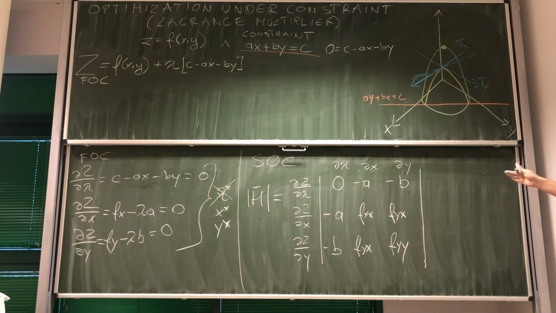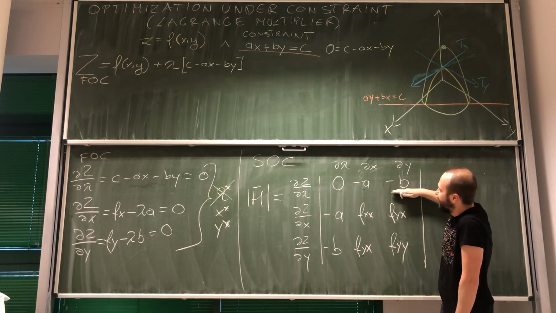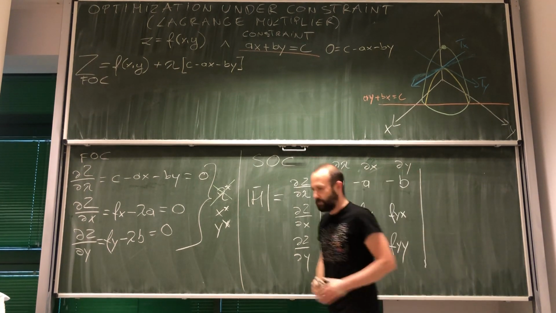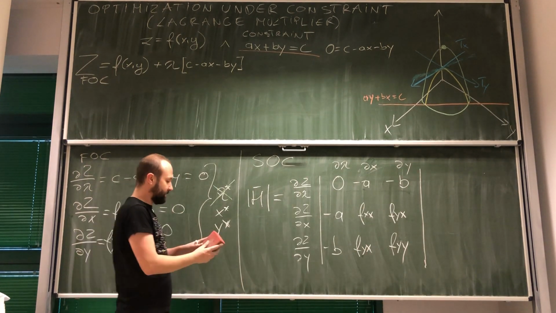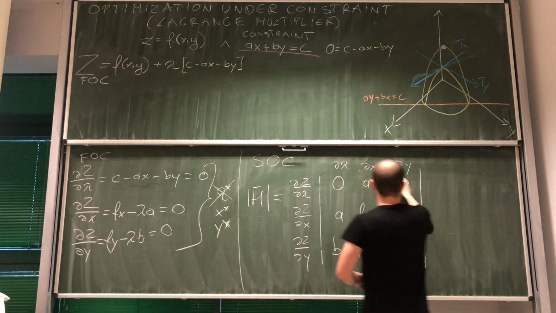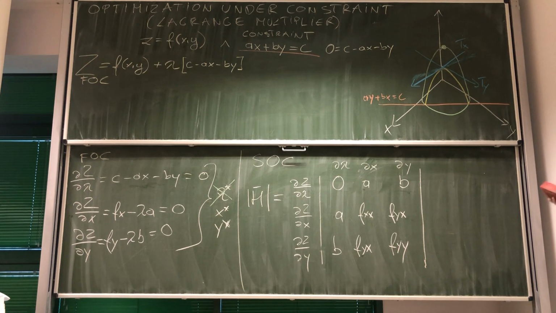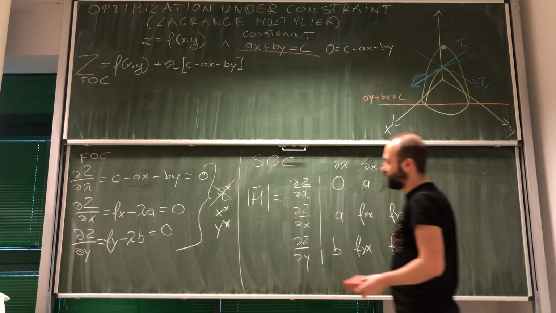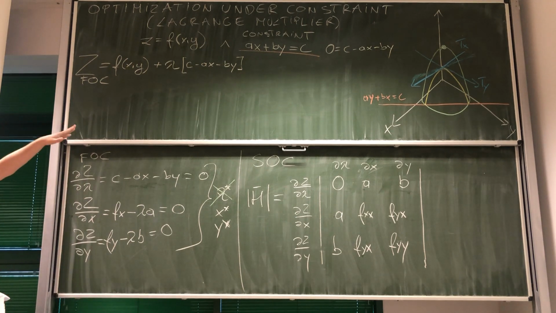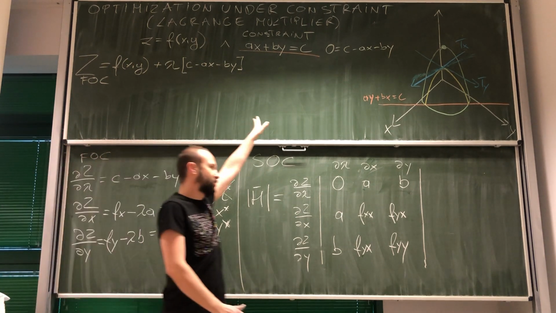Again, because this is a determinant, I can take negative 1 out of this row and negative 1 out of this column, and as a result, I'm getting this. And look, this is the expression for the bordered Hessian when we have a linear constraint.